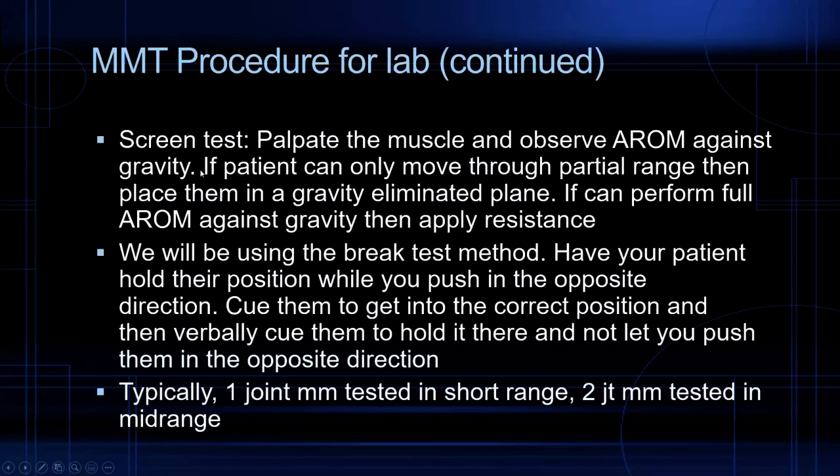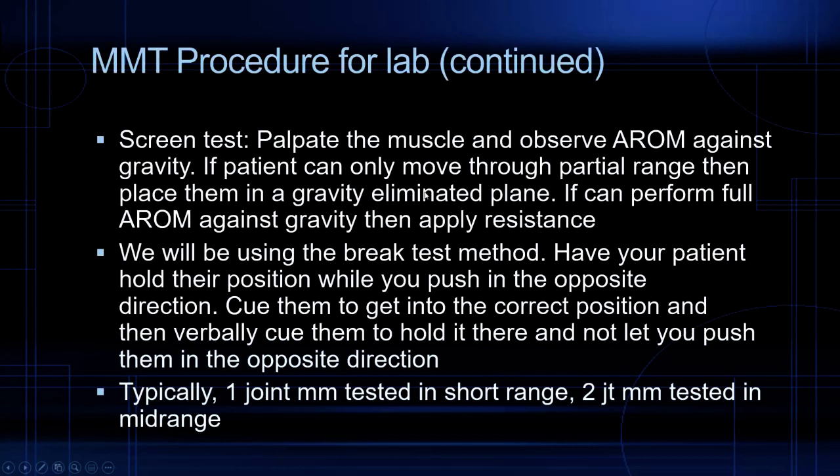So again, if you're testing shoulder flexion, you ask the patient to raise their arm up over their head. First of all, you test the shoulder, you palpate the anterior deltoid, and then you ask them to move their arm up over. And if they can move full range of motion against gravity, then you're going to apply resistance to it.